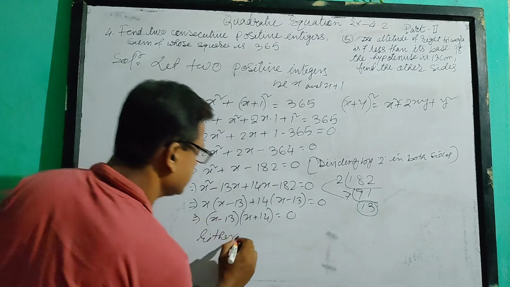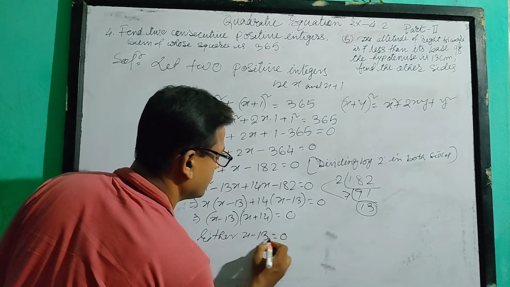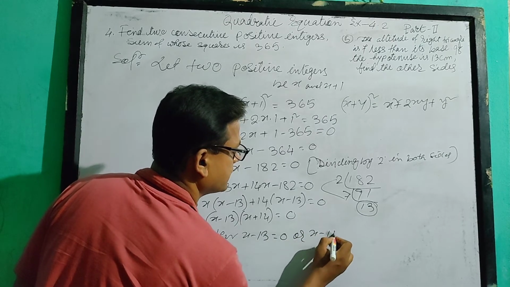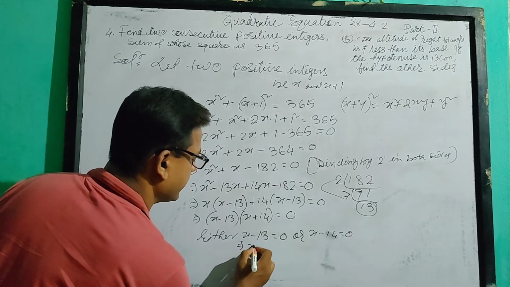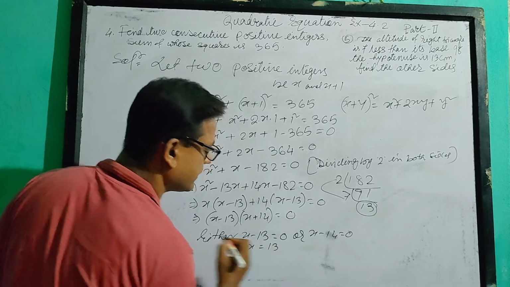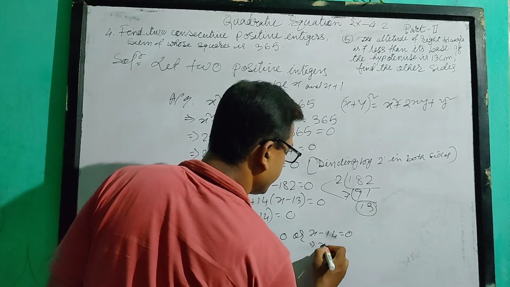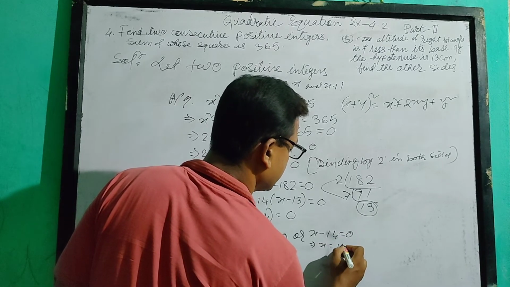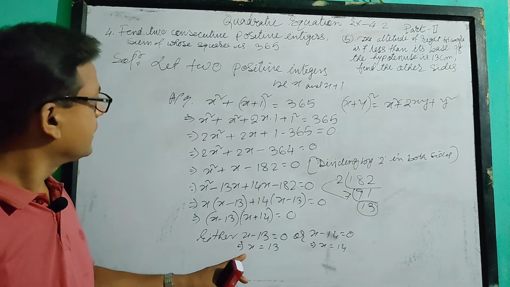So either x minus 13 is equal to 0 or x plus 14 is equal to 0. From here x is equal to 13, transposing, plus 13, and x is minus 14 by transposing.